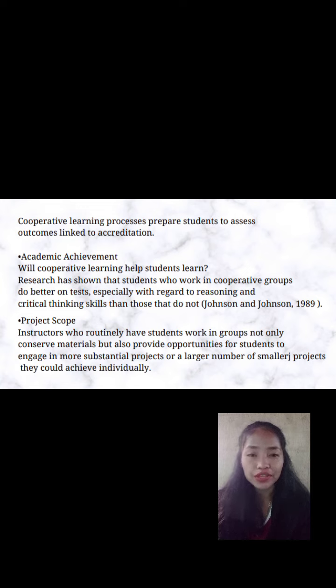Will cooperative learning help students learn? Research has shown that students who work in cooperative groups do better on tests, especially with regard to reasoning and critical thinking skills, than those that do not. Another one is project scope.